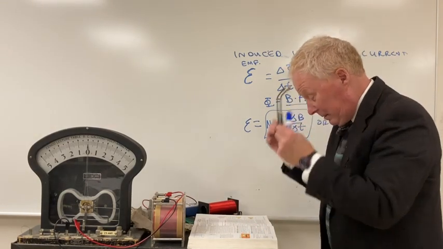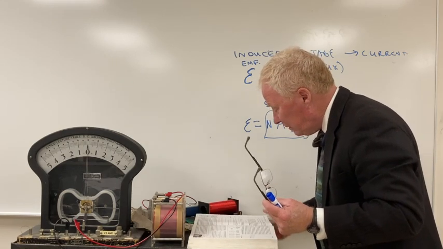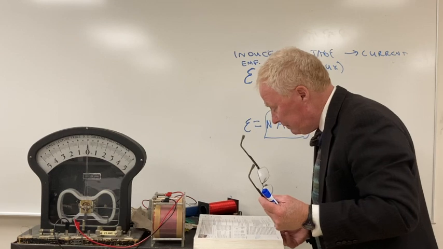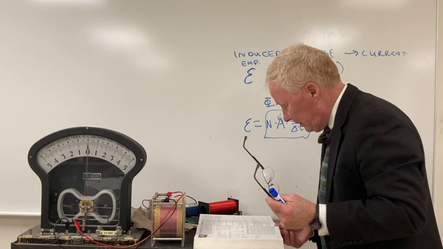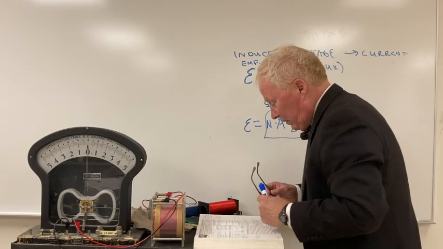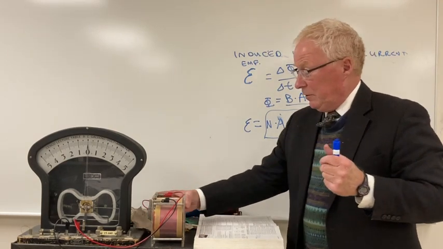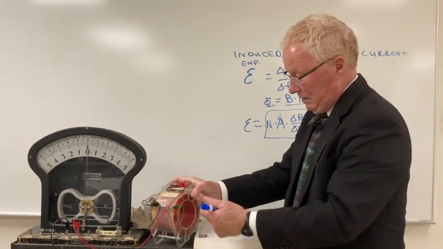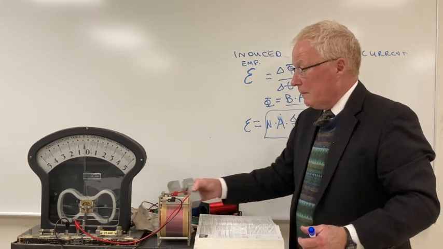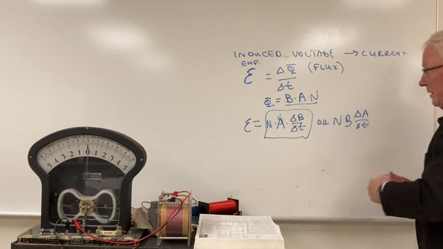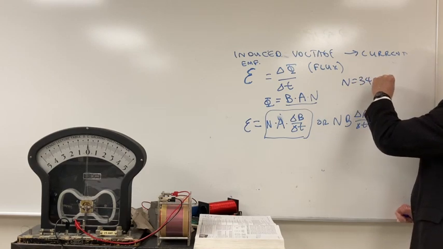And let's look at an example like this and see what we can do. So let's do this example. We have N is 3,400.